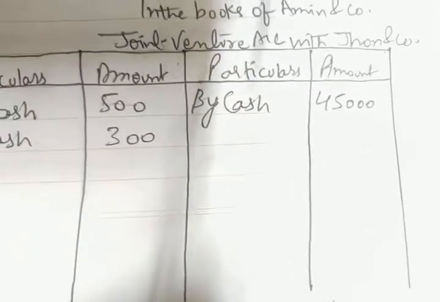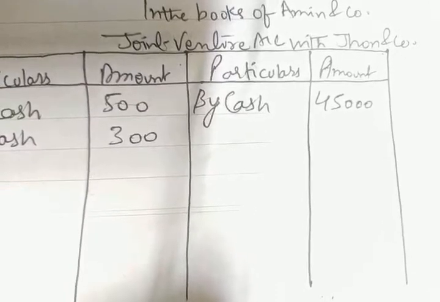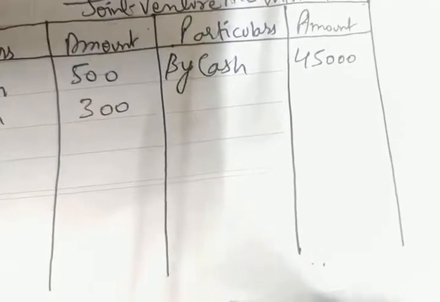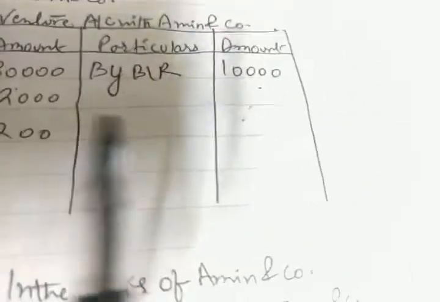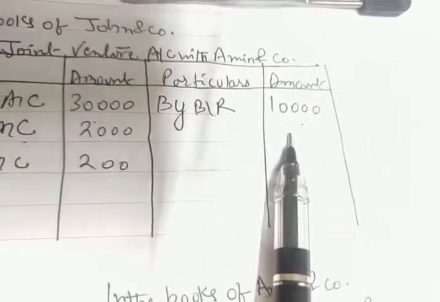Then they sent a draft to John and company for the amount due to them. So this much only was given. Now we remember one thing: John and company has drawn a bill on Amin and company.